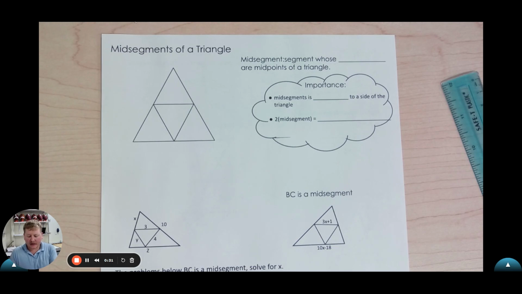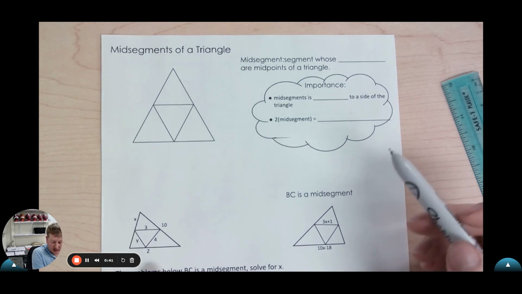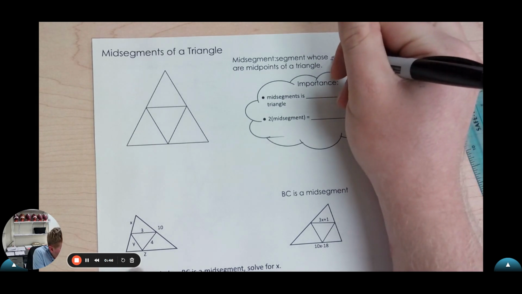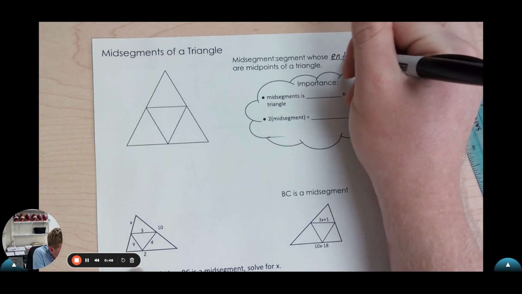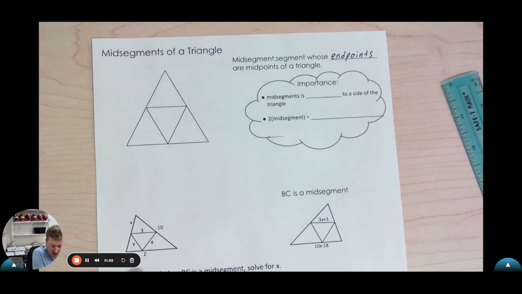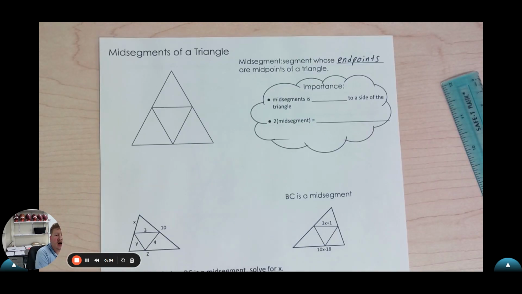If we're looking here, first off, let's just define what a mid-segment is. A mid-segment is simply a segment whose endpoints, so this blank word here that we need is endpoints, whose endpoints are the midpoints of a triangle.